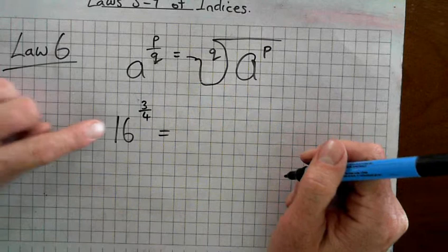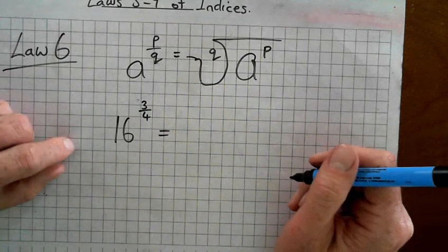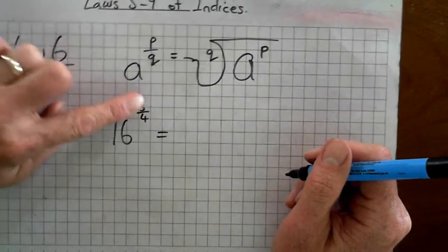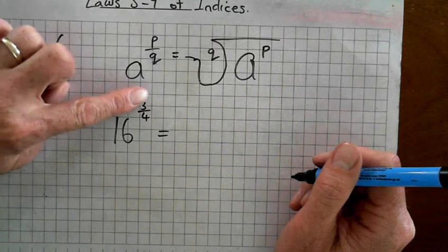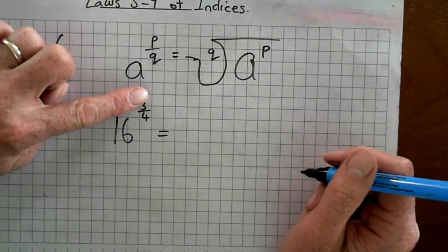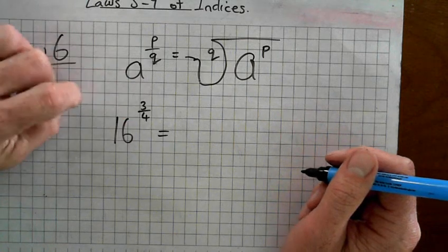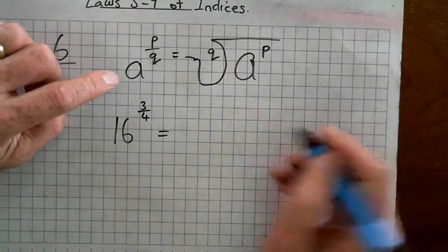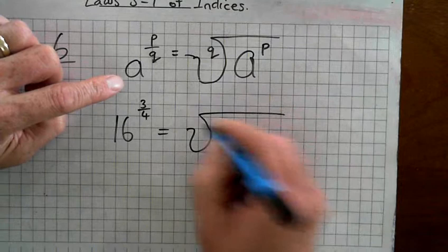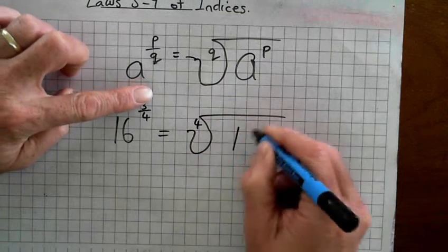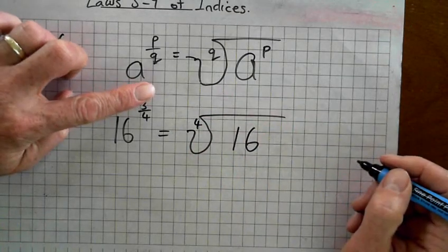First of all, I'm going to pretend that 3 over 4 is a quarter. So how would I write it? If that was a quarter, not 3/4, I would write the fourth root of 16.